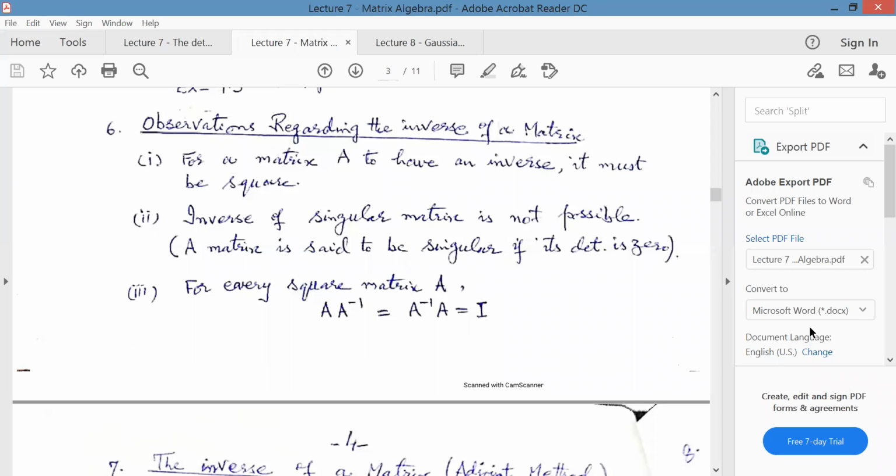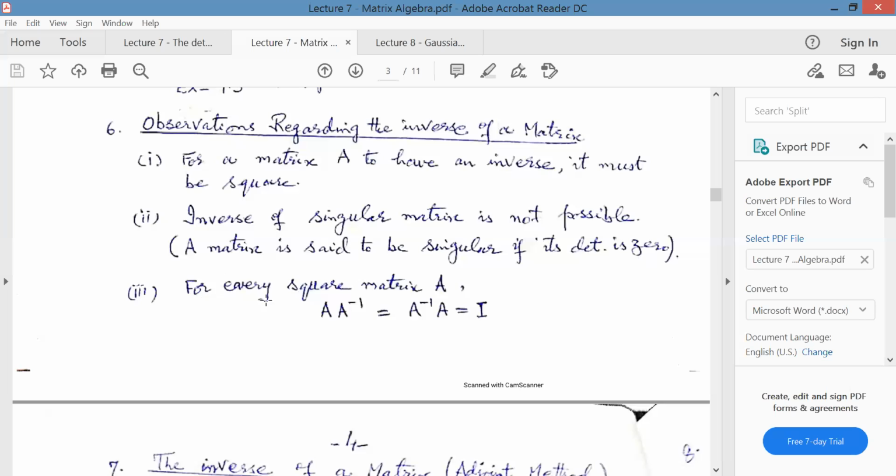And then you can verify your answer if you are finding an A inverse: multiply it with the given matrix. Either place A inverse on the left side or right side. The answer should come to be an identity matrix of the same order. If the answer is not coming to be identity, then ensure you have committed mistakes and your A inverse is not correct.